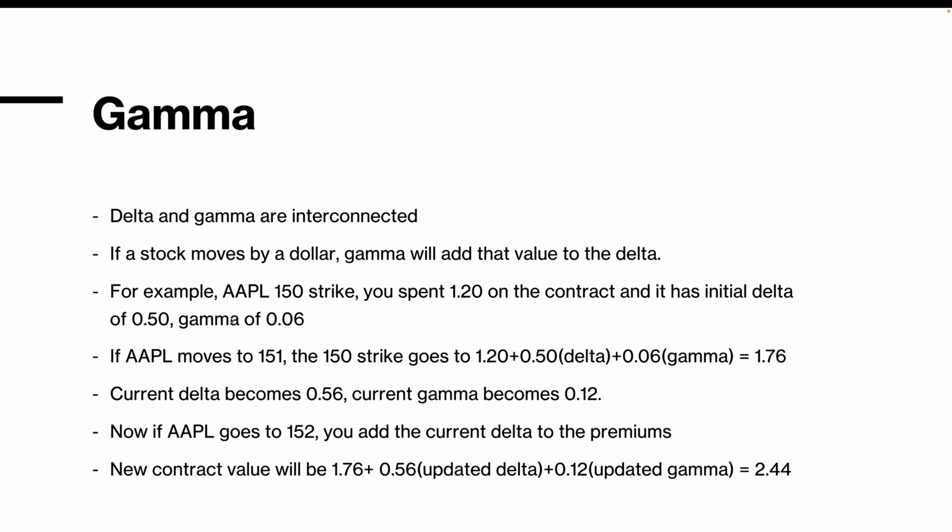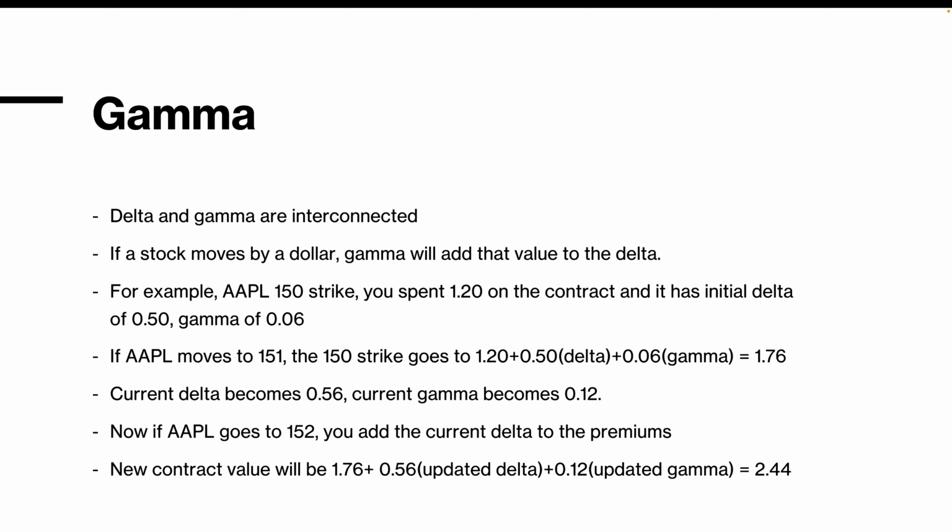So when this happens at a real fast pace, we call this gamma squeeze, because it's squeezing out every single gamma in that options contract, which in turn boosts the delta, which in turn makes you tons of money real fast, real quick.